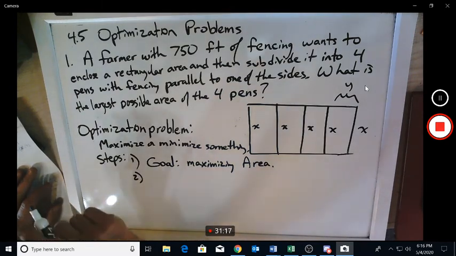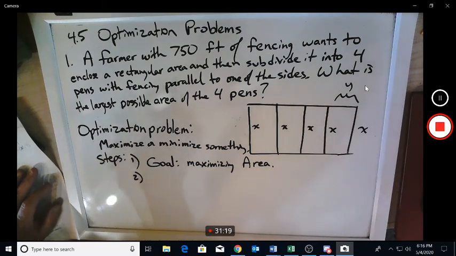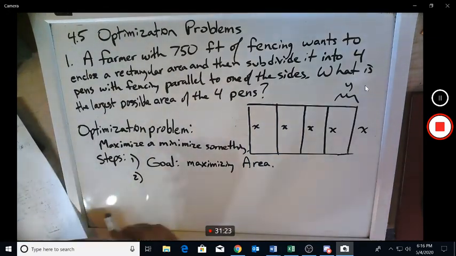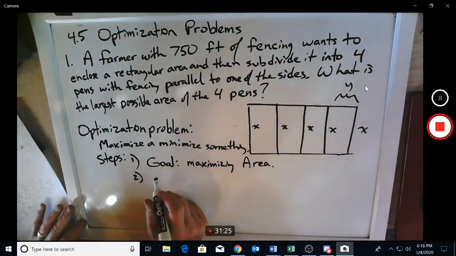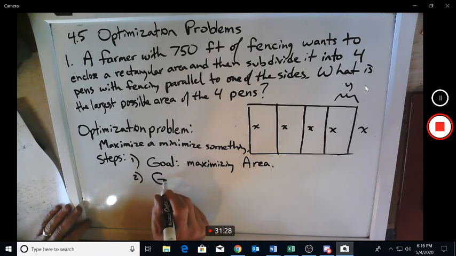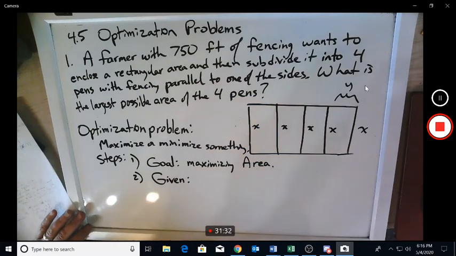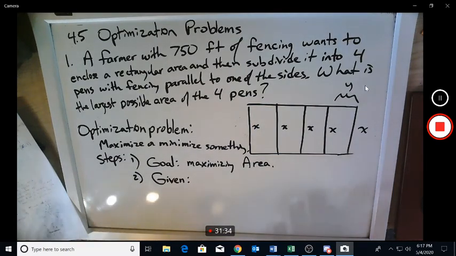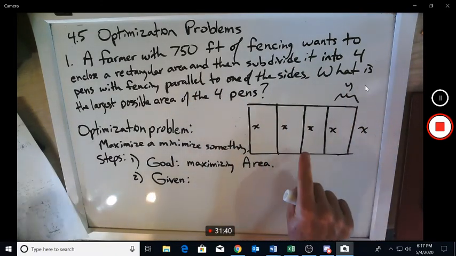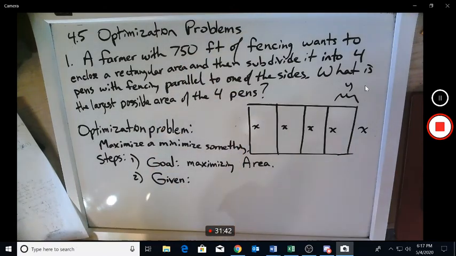Next, in an optimization problem, I want to look at what is given. There is some basic information that will be given. And the basic information was the layout of the fence and the 750 feet.